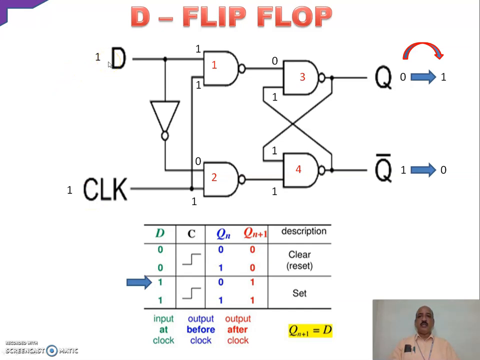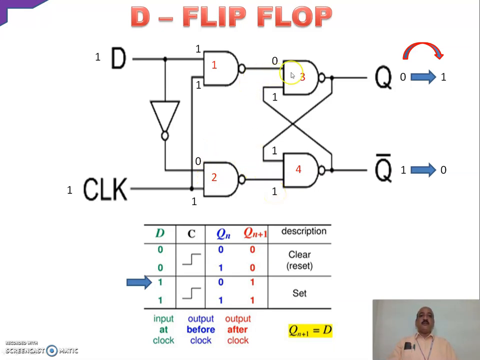As D is equal to 1, that 1 will be the input for the first NAND gate, and here the clock is 1, both the inputs are 1, therefore the output is high. The same D input is connected to the NOT gate, therefore the output of this NOT gate will be equal to 0. That will be the input for the second NAND gate, as one of the inputs is equal to 0, therefore the output is equal to 1.